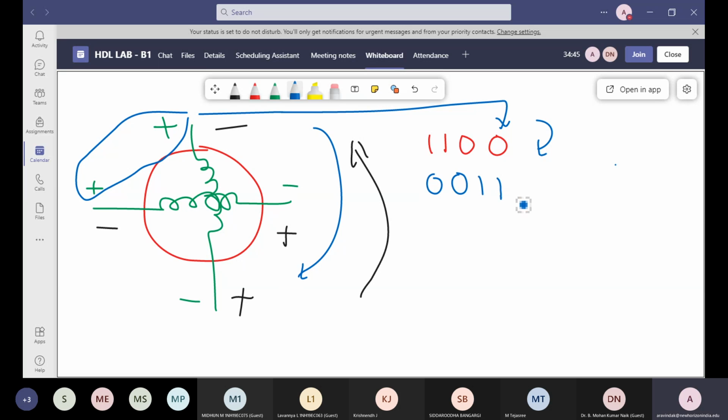On the other hand, the 0 0 1 1 is corresponding to these two. So now we can say the direction of movement is anti-clockwise. That is how these two windings are interlinked. And again, always it will move in steps.